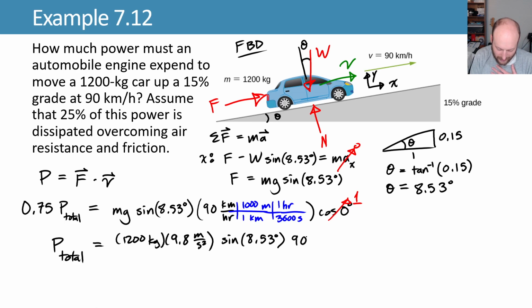So 90 times 1 over 3.6 to get us to meters per second. Here we can even cancel out some of these. Kilometers cancel. Oh, meters don't cancel. Hours cancel. There we go. So we have meters per second. And then divided by the 0.75.